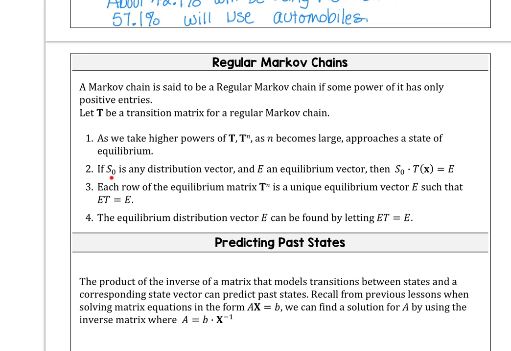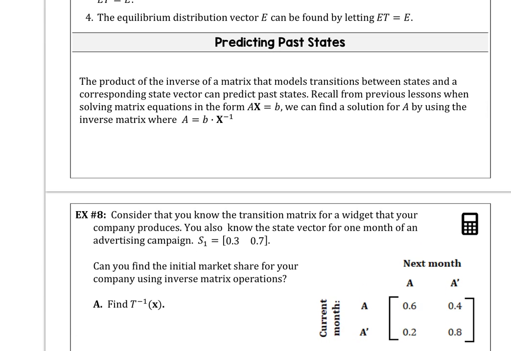If S sub naught is any distribution vector and E is an equilibrium vector, then S sub naught times the transformation is going to be that equilibrium vector. So we already saw that, steady state. Each row of the equilibrium matrix is a unique equilibrium vector, E, so that E times T gives us E. This is just stating things that we already know in different language.